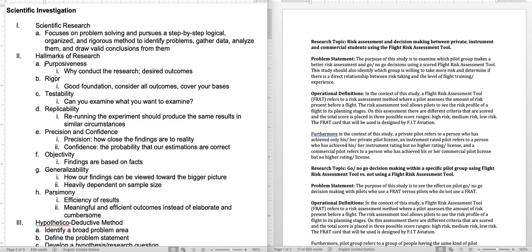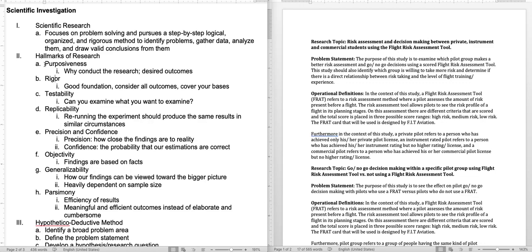And then testability. Are you actually able to examine what you want to examine? Are you able to measure one of the variables? So are you able to measure performance of a pilot when they're fatigued? You have to be clear as to what's measurable and what's testable.